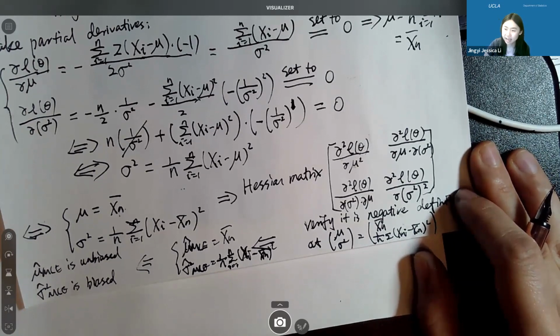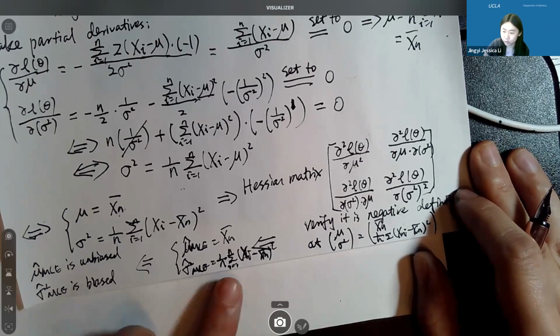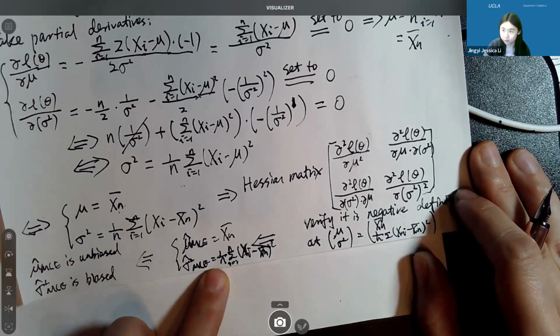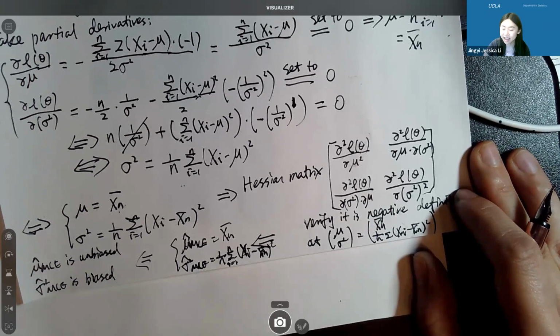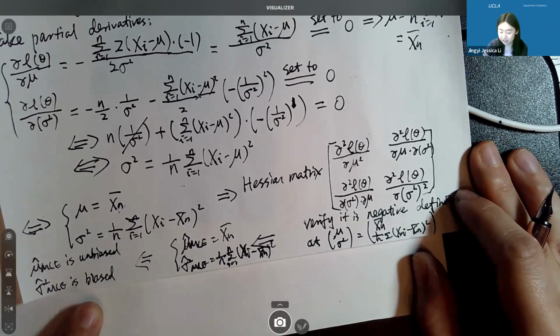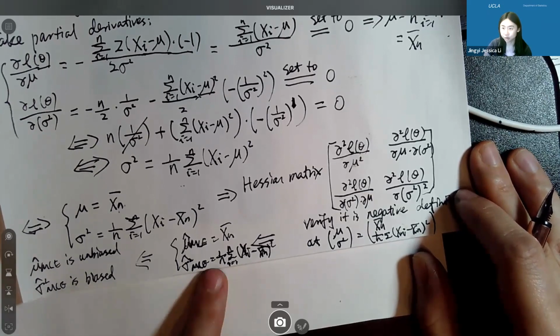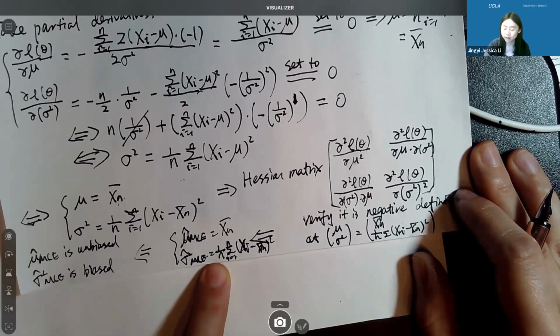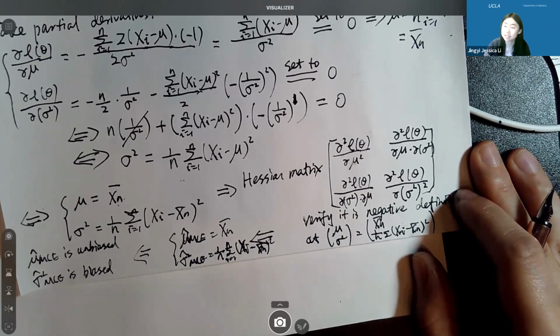By saying asymptotically, that adverb means that we let n, the sample size, go to infinity. If we have a very, very large sample, then the bias can be ignored. The reason you can see here is that when n is very large, n minus 1 and n are almost the same, right? So in that case, the bias doesn't matter that much. So that's a nice thing about MLE.